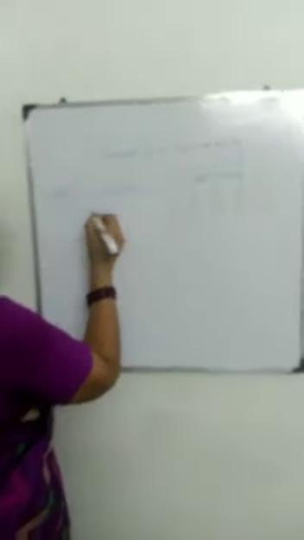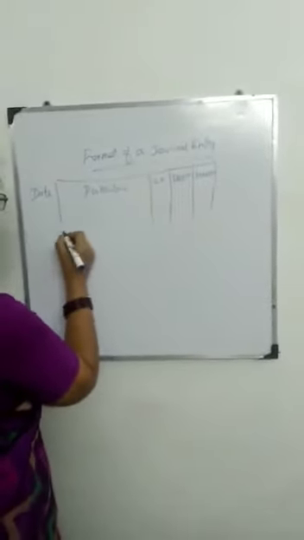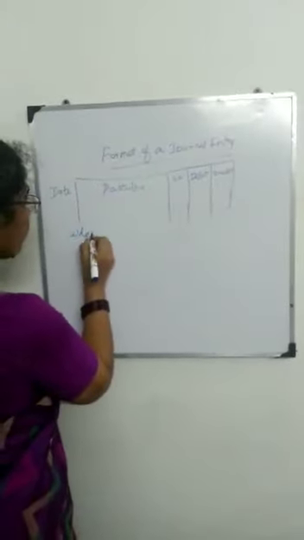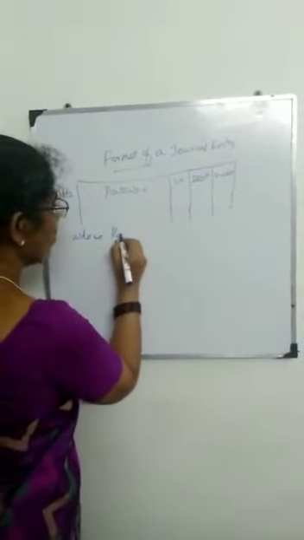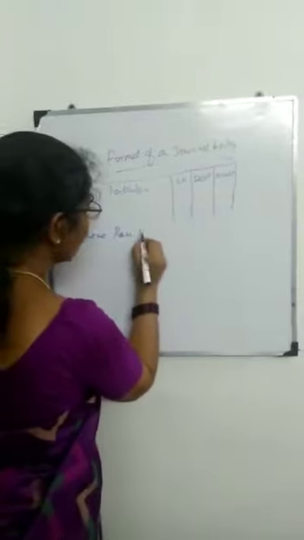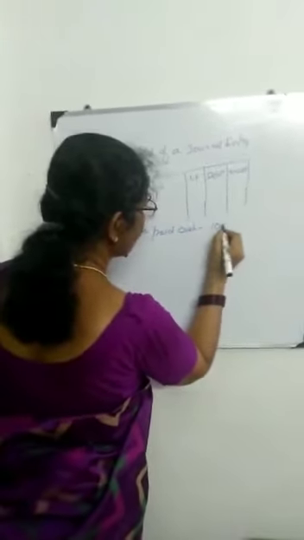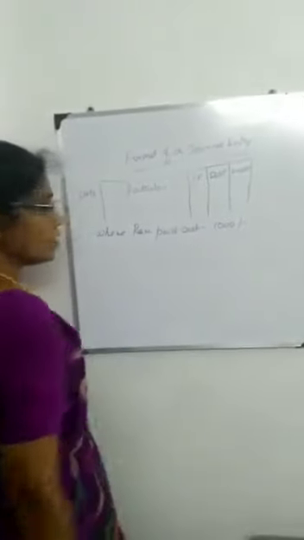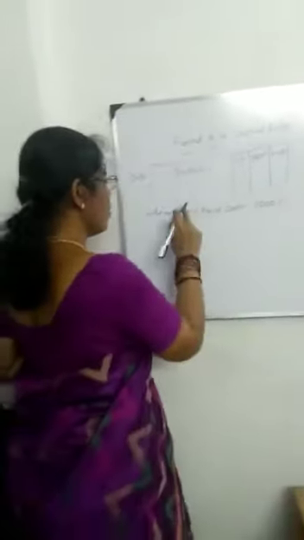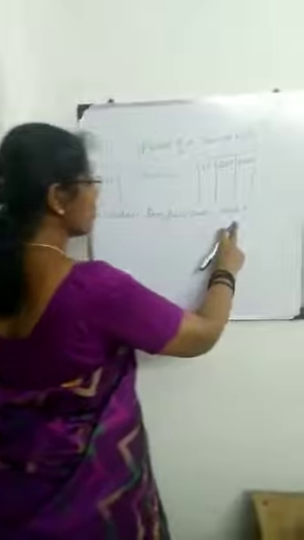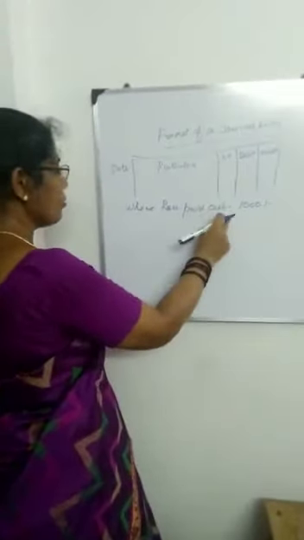So before going into this, we will see an example where Ram paid cash 1000 rupees. This is a transaction. We can now see which accounts are affected between Ram and the cash.